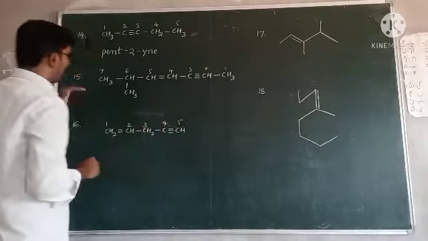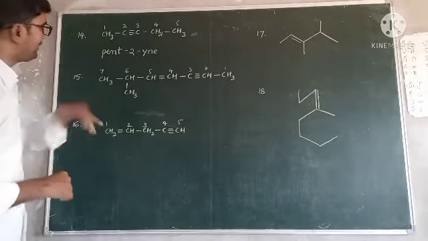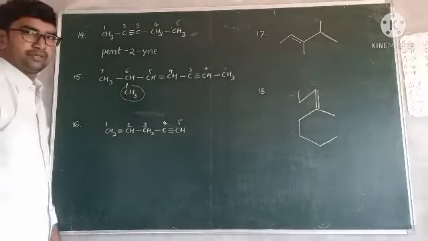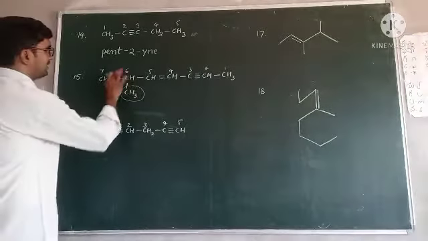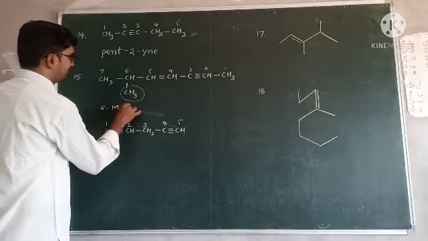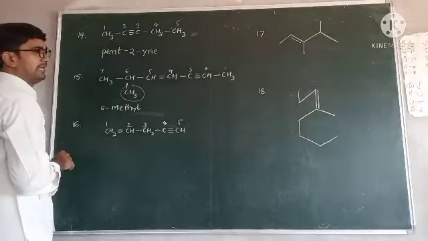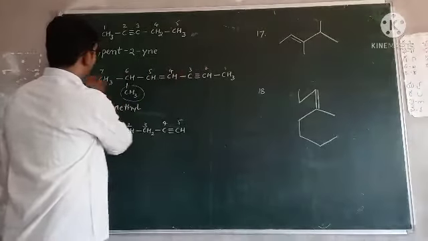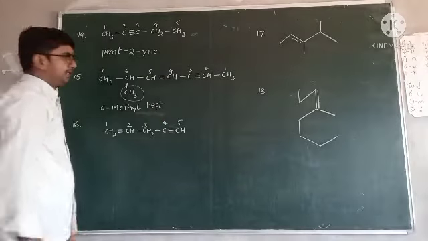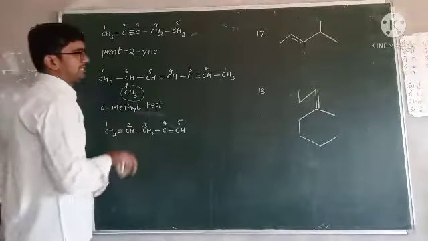Okay, now this one name. Numbering completed. Here one substitution is present, it is very clear. First write the substitution name. At 6th position, 6-methyl. Completed. Next, number of carbons in long chain, 7 carbons are there, so hept. Next, bond type, 2 bonds are there.